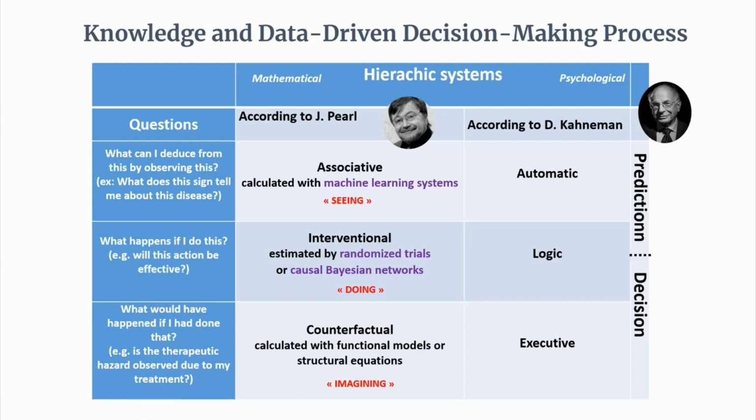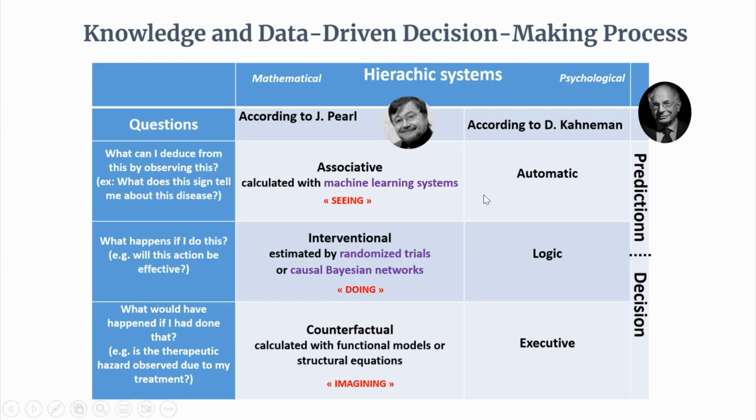It's a heuristic system because we want to solve the question: is screening effective to prevent death from prostate cancer, for example, and this could be done by randomized trial or causal Bayesian network.